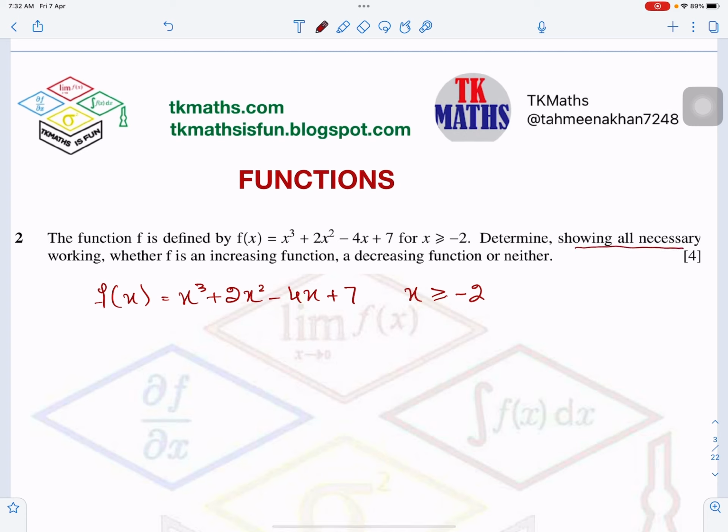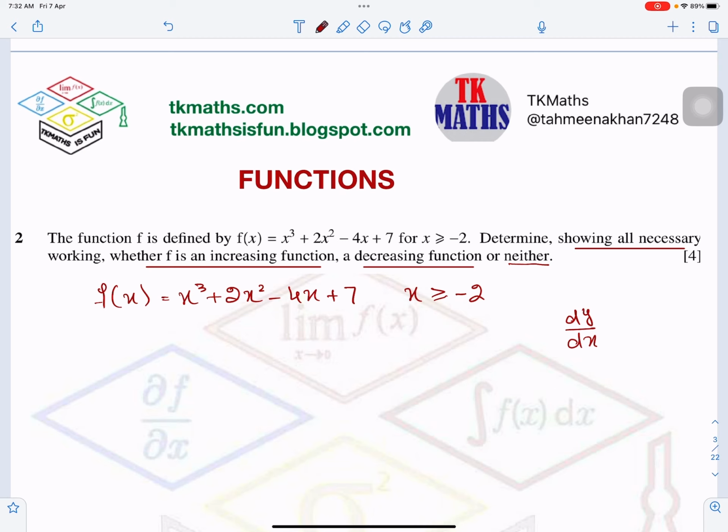Through all necessary working, which we will show, we will find out whether the function is an increasing function, decreasing function, or neither. Now you need to know the meaning of increasing function and decreasing function. When the gradient is positive, the function is increasing. And you know dy over dx is a rate of change.